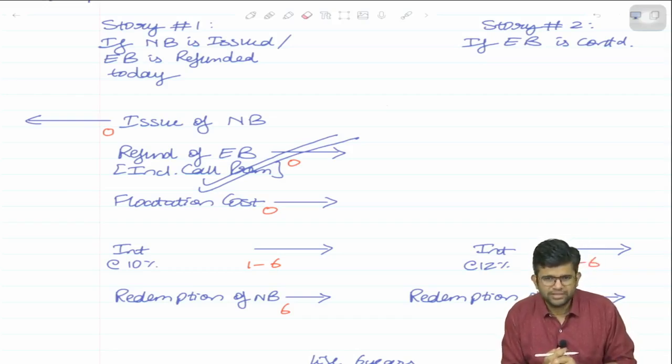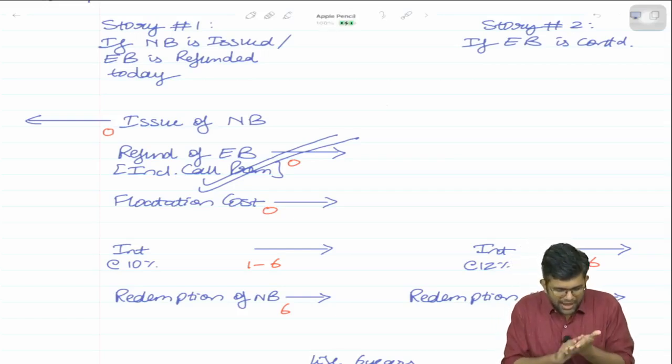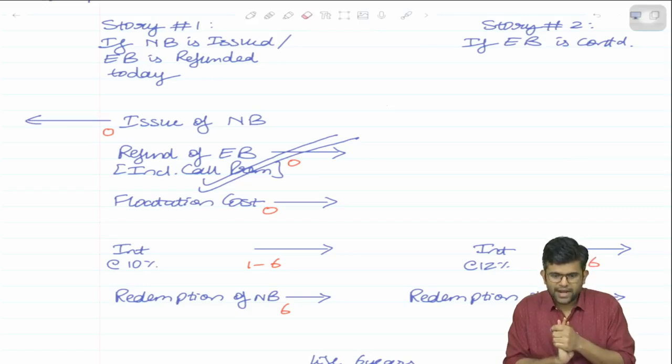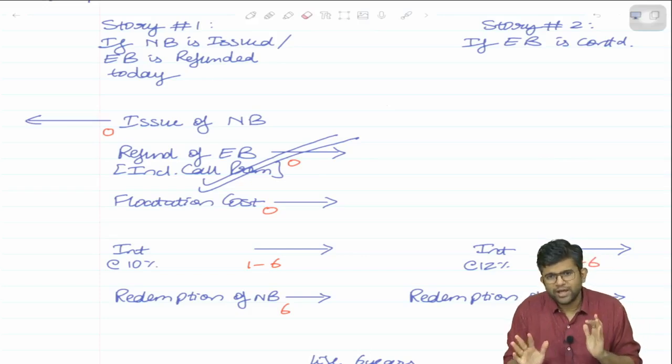Everybody, are you all able to understand? 12 million revenue expenditure, that premium I am paying on the call. On that expenditure I will be able to save tax. Correct? Now use your brains, if any, and tell me the tax that this 12 million will help me save, should that be amortized over 6 years, or should I recognize the whole tax saving today only?